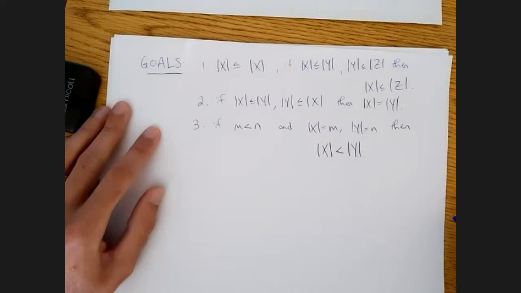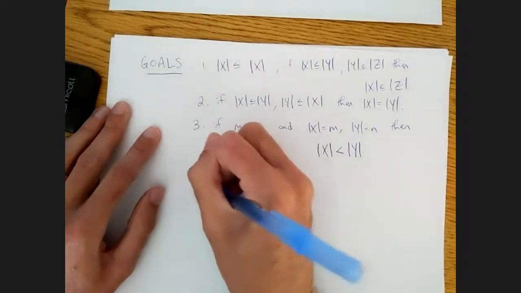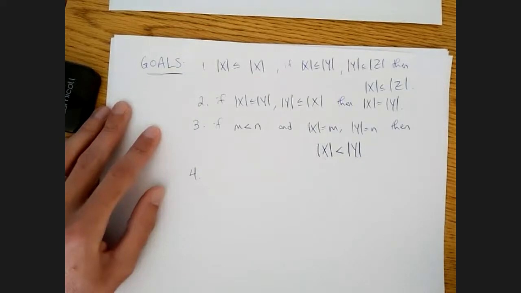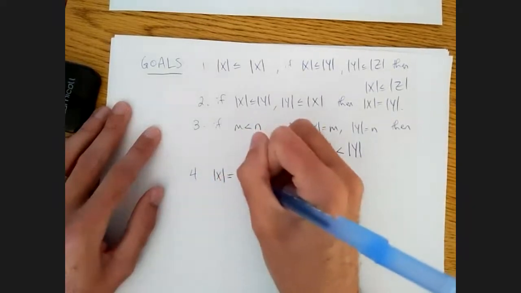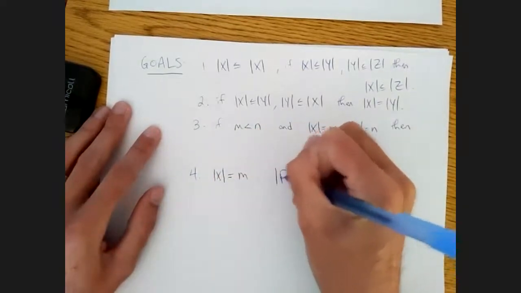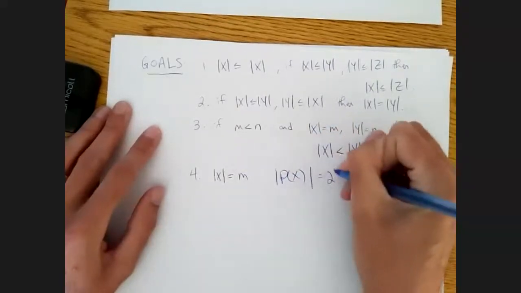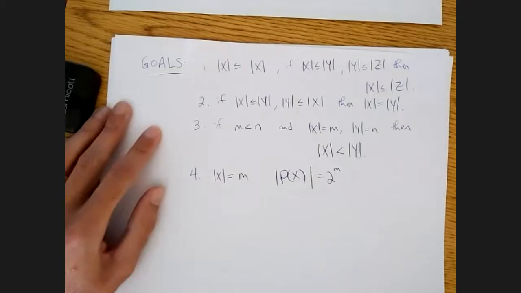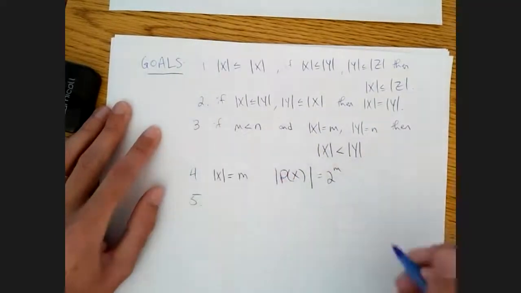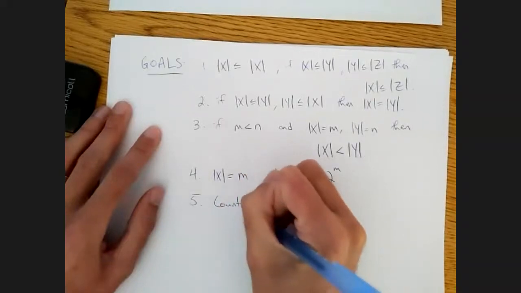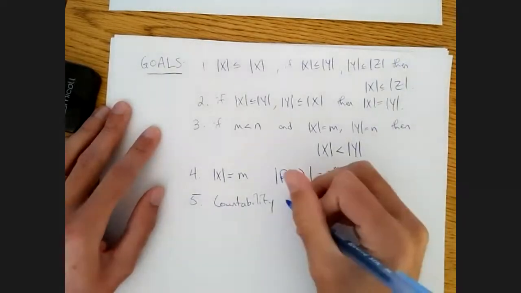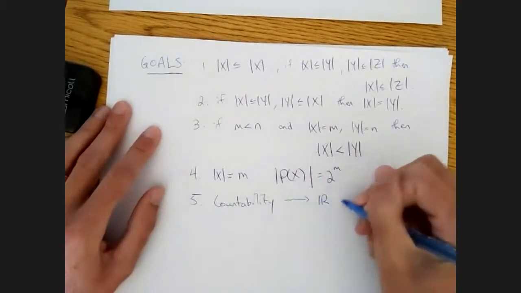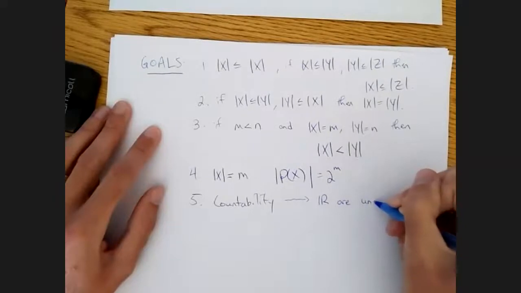We also need to show, there's a lot of other things to do. For example, maybe we want to look at if the cardinality of x is m, then the cardinality of the power set of x should be 2 to the m, things like that. And then there's also the notion of countability and uncountability, in particular, the real numbers are uncountable.